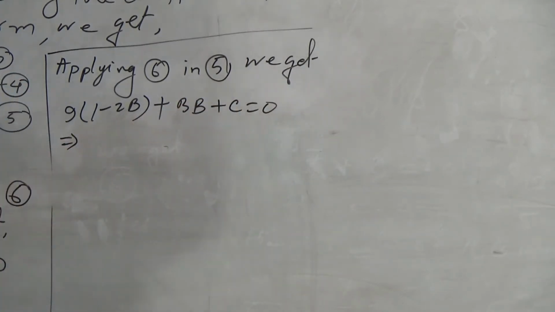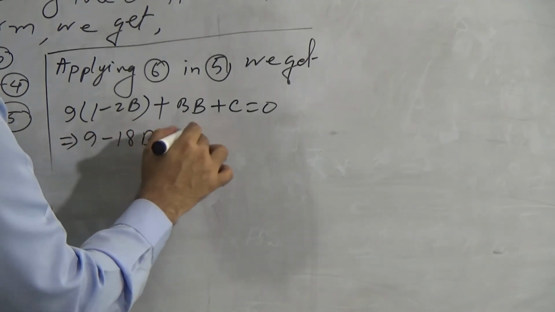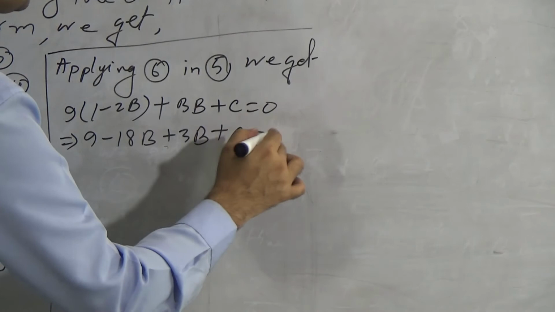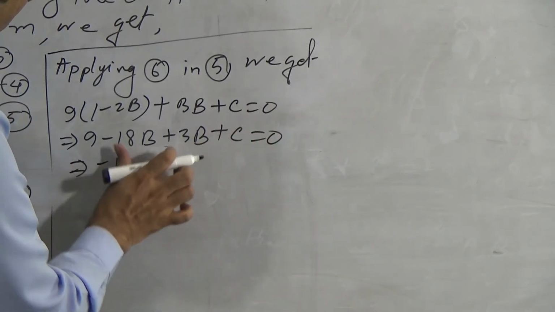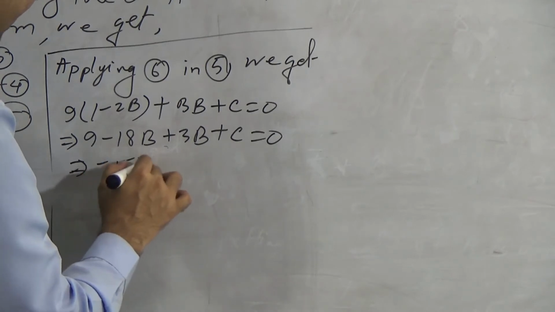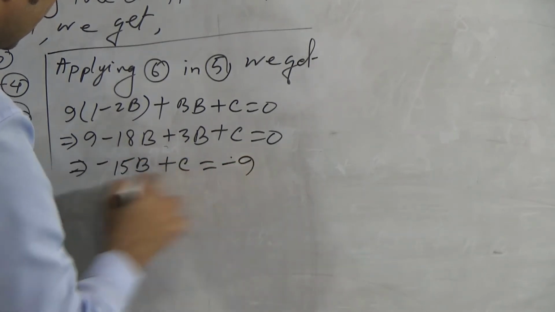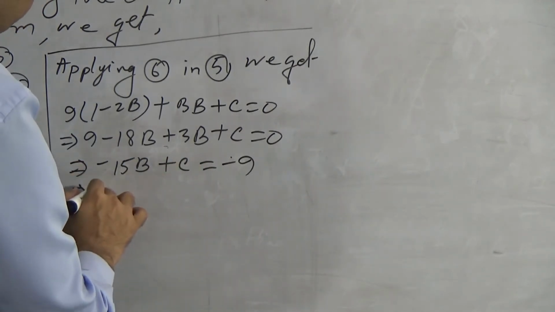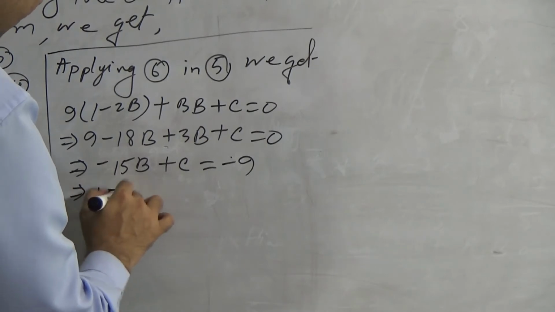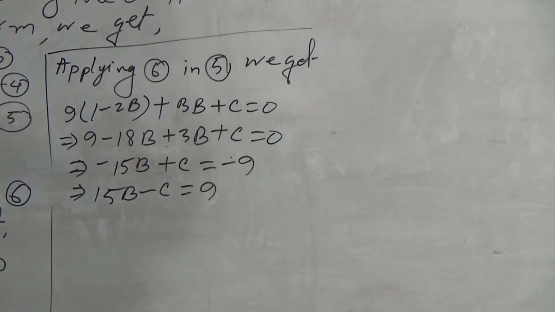So we can write here 9 minus 18b plus 3b plus c, that is equal to 0. So we can write here minus 15b plus c is equal to minus 9. So multiply by minus 1, and you will get here 15b minus c is equal to 9.